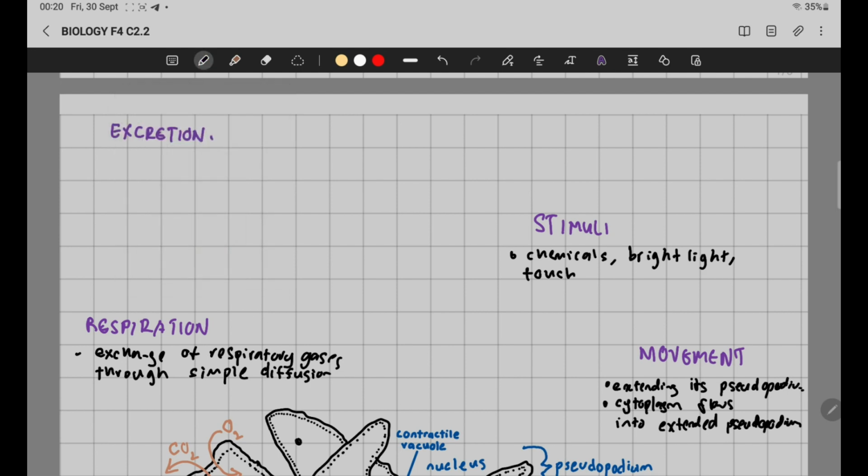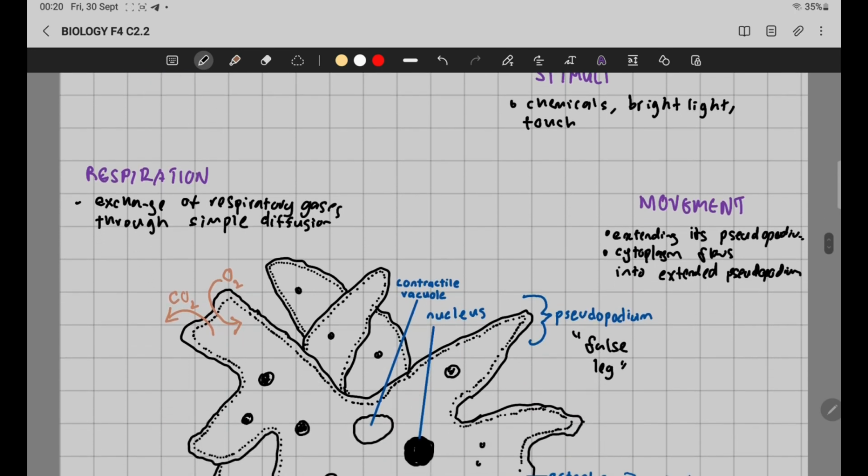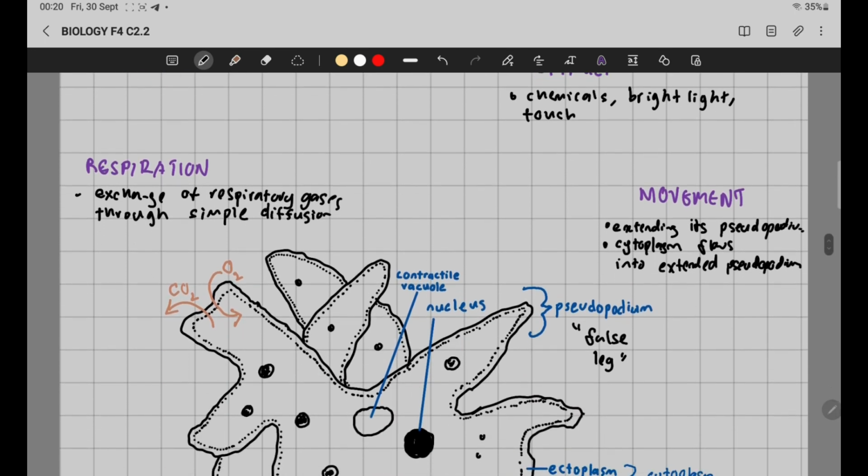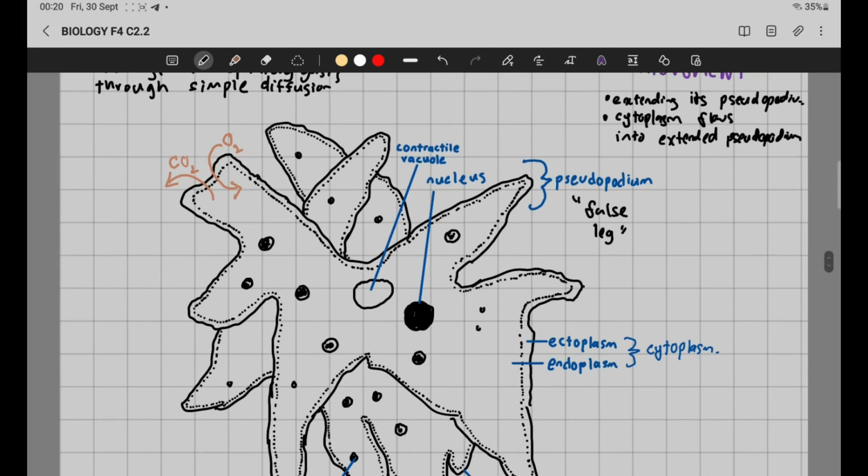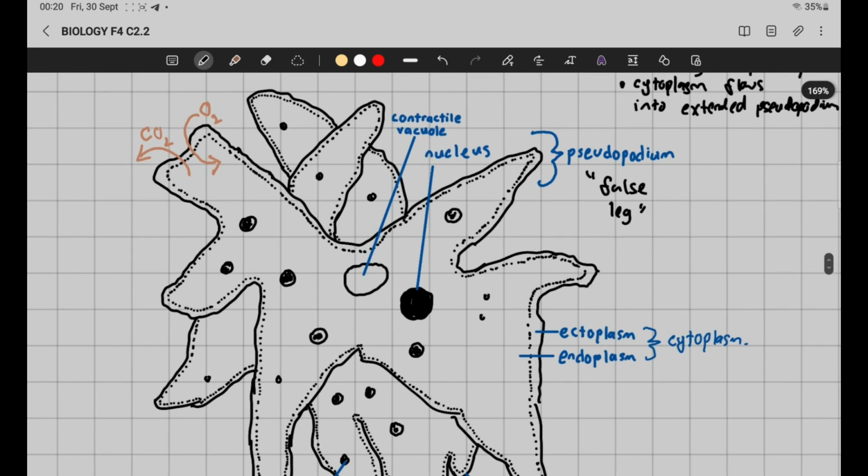In order to understand how it does its excretory process, let's go back to the contractile vacuole. The contractile vacuole functions as storage to store water, organic molecules and other things.